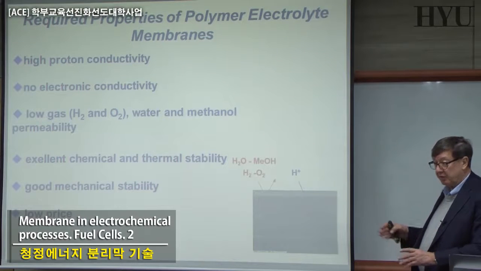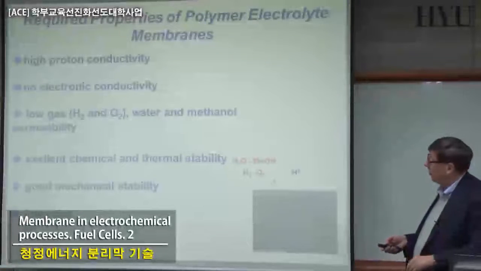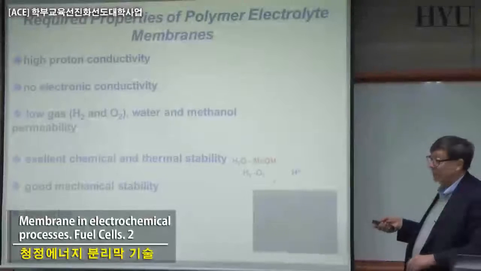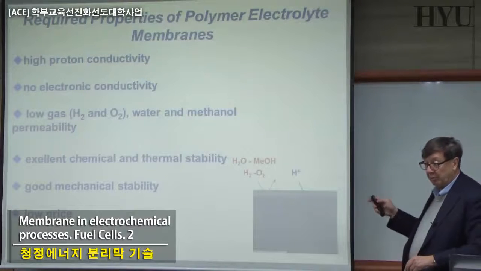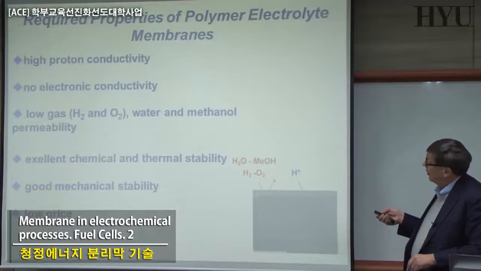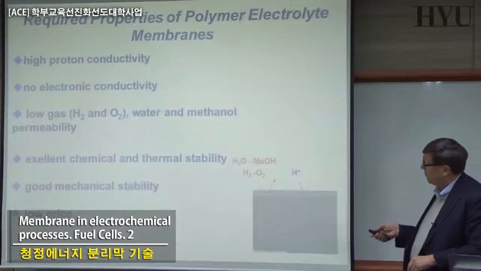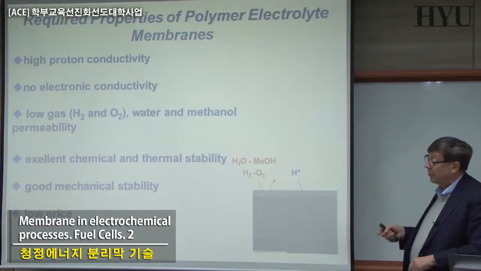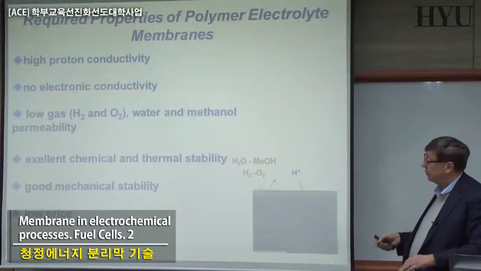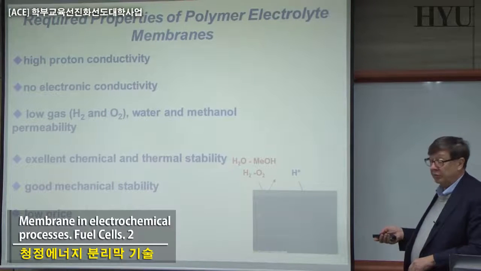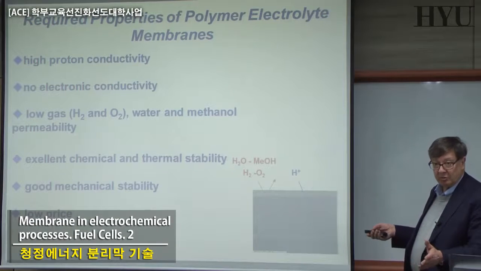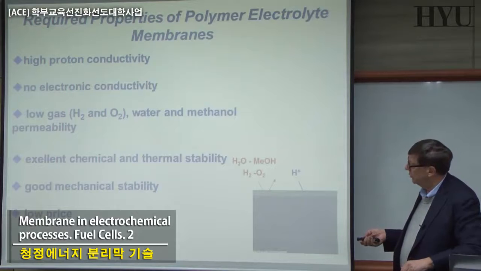It can change in different situations, but you have to try to have the highest transport number possible in your system. What we want in our membrane for a fuel cell is very high proton conductivity, only proton, and no electronic conductivity, which is a leakage. You tend to avoid any electronic conductivity.